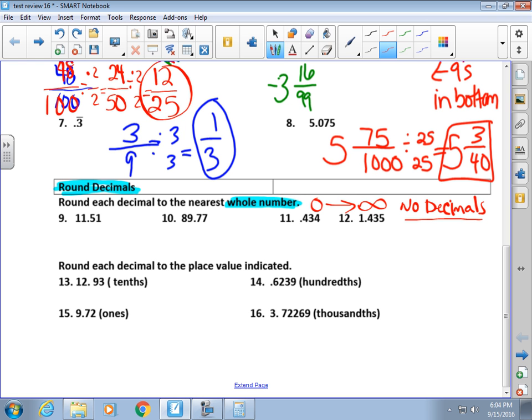So let's look at number 9. The nearest whole number. So I'm looking at the first 1, because that's my nearest whole number. I have 11.51.